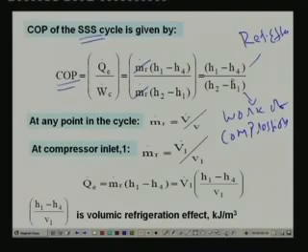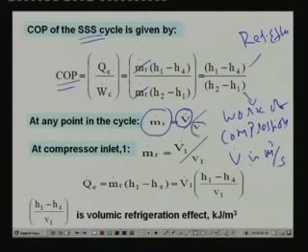At any point in the cycle, the mass flow rate M dot R can be written in terms of volumetric flow rate V dot, which is in meter cube per second, and small v, the specific volume in meter cube per kg. So V dot divided by v becomes kg per second, which is nothing but the mass flow rate of the refrigerant.